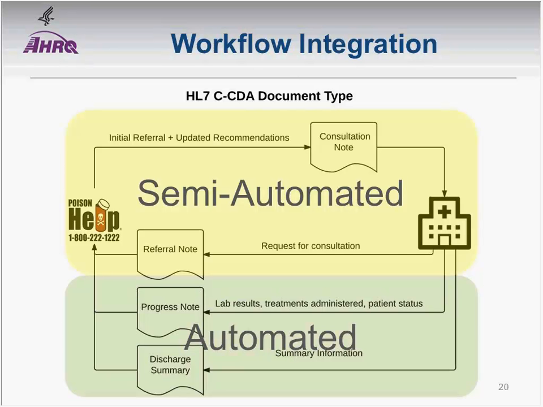The process of sending the other C-CDA document types from the ED to the poison center, so I'm talking about the progress note and the discharge summary, is fully automated, and that's invisible to the ED care provider. It doesn't require a physician or a nurse to take any action at all.